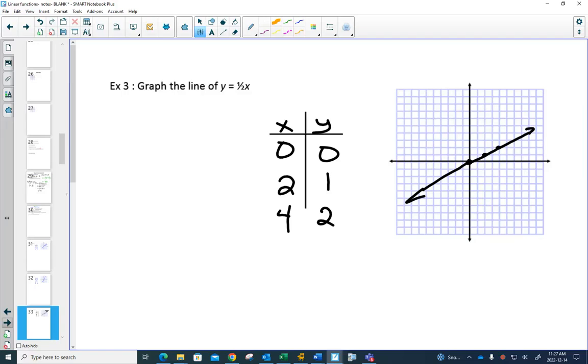There's a method that always works, and then there's a faster way. Methods that always work are good to have, because if you're stuck, you've got something to fall back on and say, I can always do a table of values and draw any graph. Right now, we're only graphing lines, so table of values works very well.